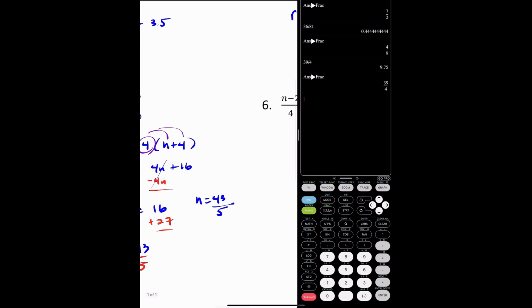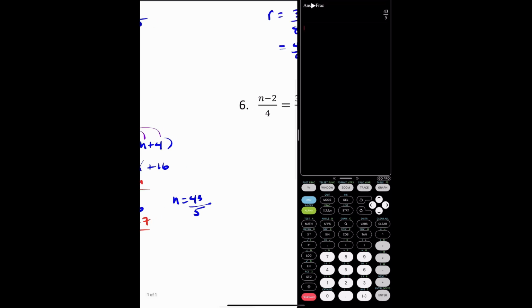I'm going to go ahead and use my calculator. So I have 43 divided by 5. Math, enter, enter. Okay, so I have 43 over 5 still. So this is basically your answer. Or, if you want to give me the decimal version, you can just say 8.6.